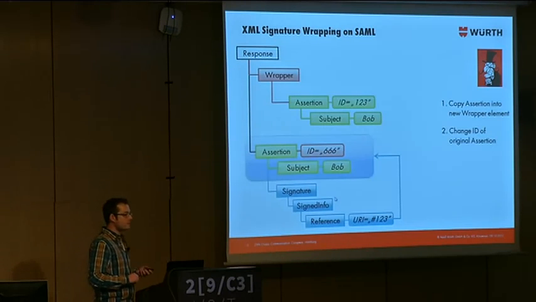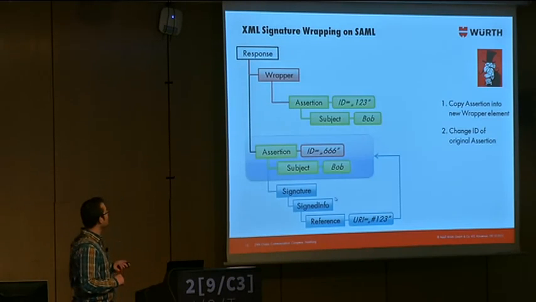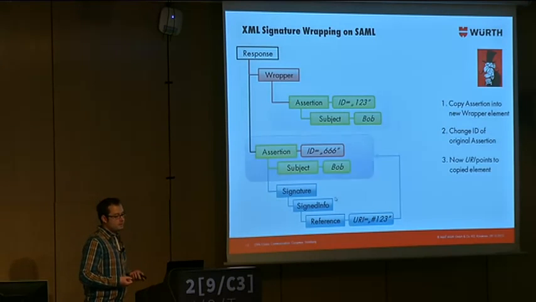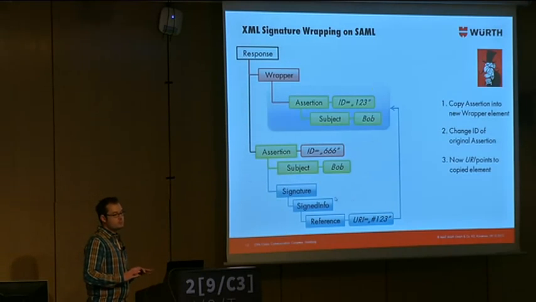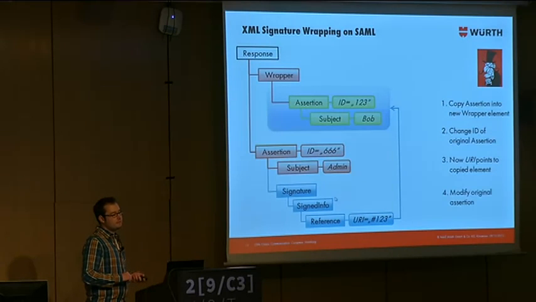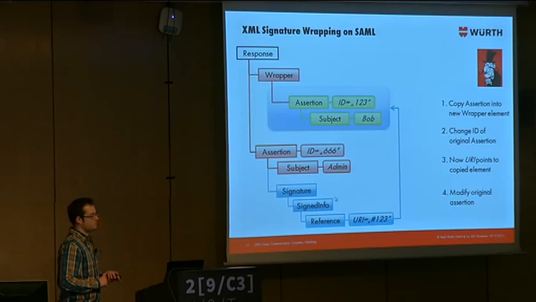Then the attacker changes the ID attribute of the original assertion from 1 to 3 to an arbitrary value, in this case 666. Now the URI attribute points to the copied element, and finally in the last step the attacker modifies the original assertion, also here the subject from Bob to admin.